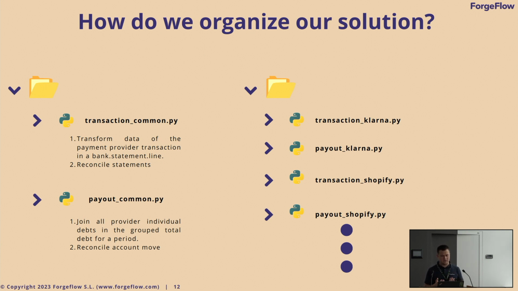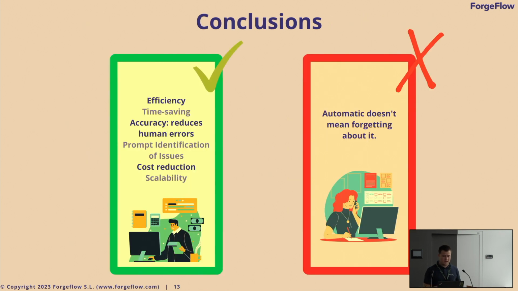So again, for the standard solution from the OCA, I think what makes the most sense is to have a base module with this common code and then inherit from this base, making a model for each payment provider that you need to reconcile.